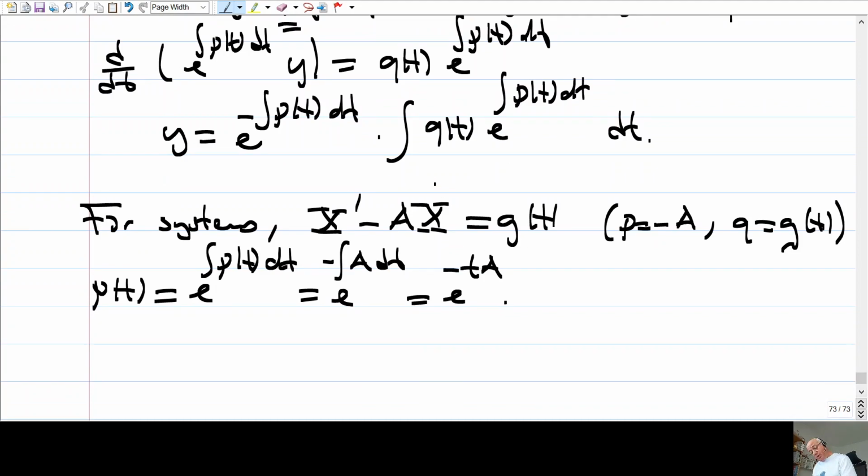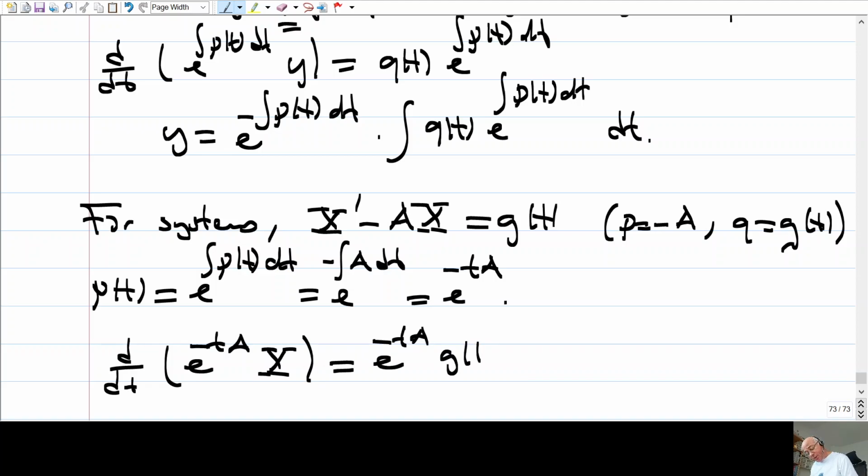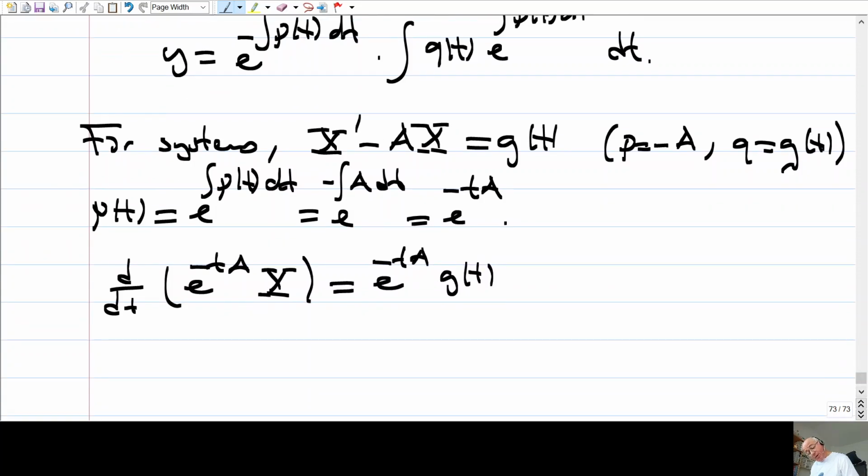And what I do, I multiply my equation with this, and we will obtain something like this. So d/dt of e to the power minus tA times x equals e to the power minus tA g(t). And then you integrate both sides.